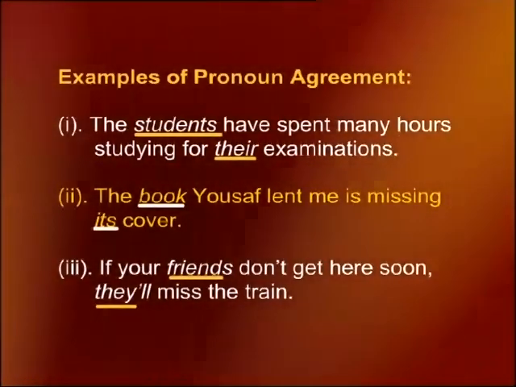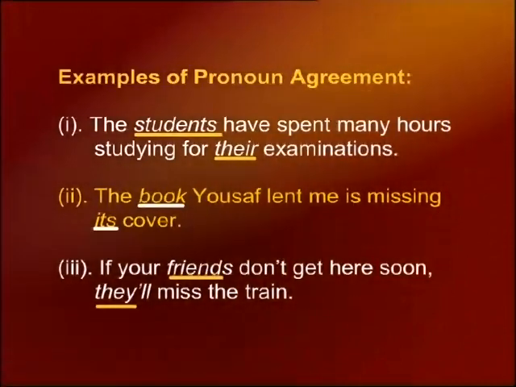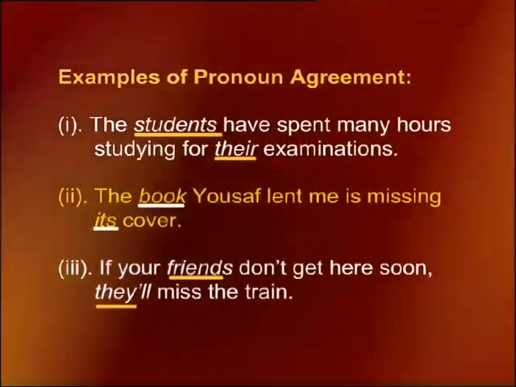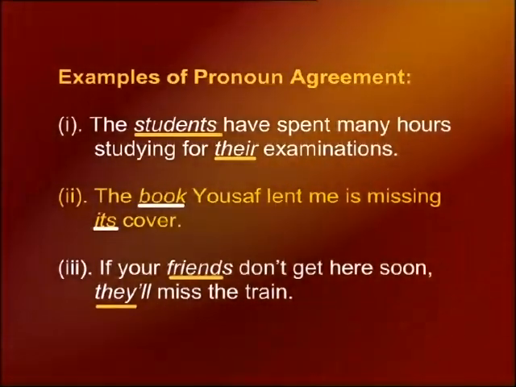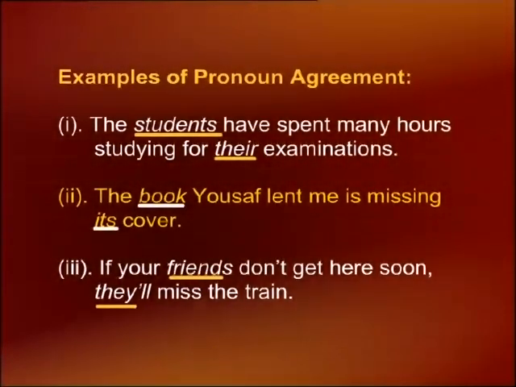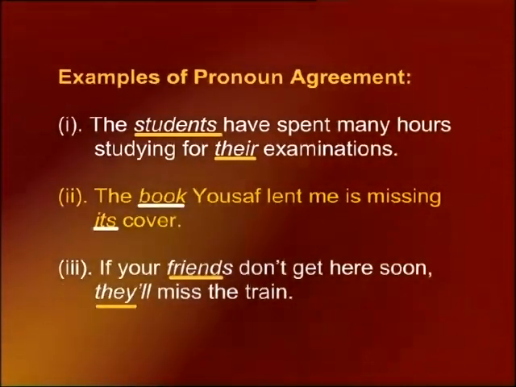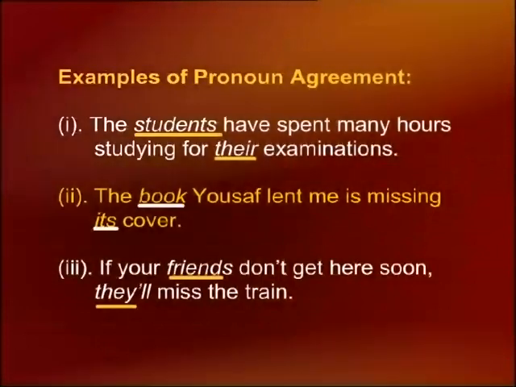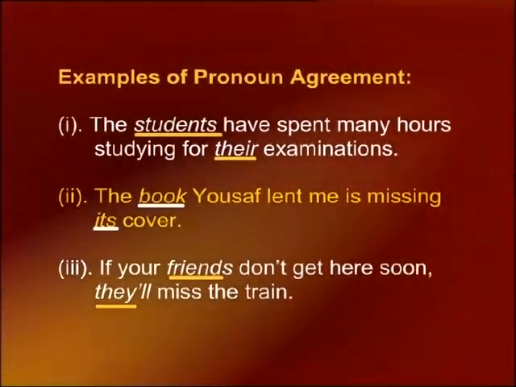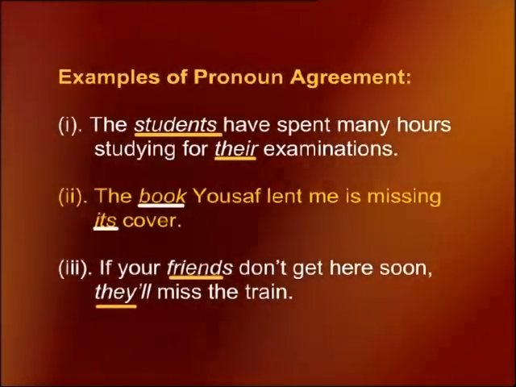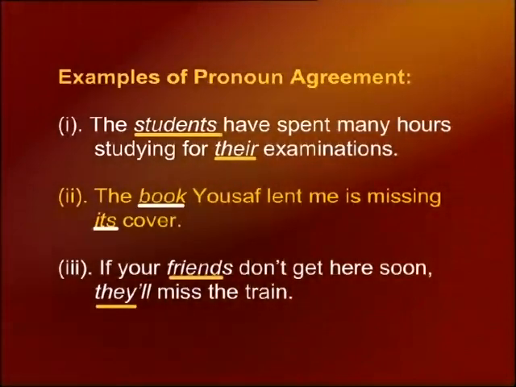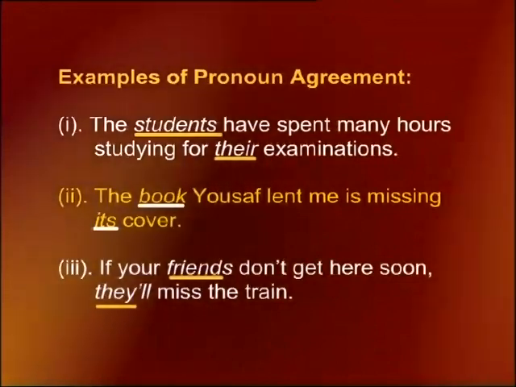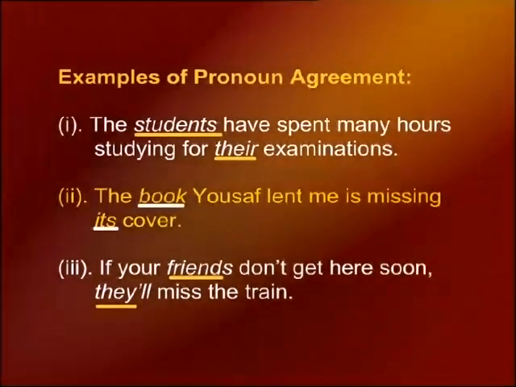In the second example, the book Yusuf lent me is missing its cover. Now in this sentence, its is a singular pronoun and it refers to the word book, which is a singular noun. And the antecedent of its is the noun book.